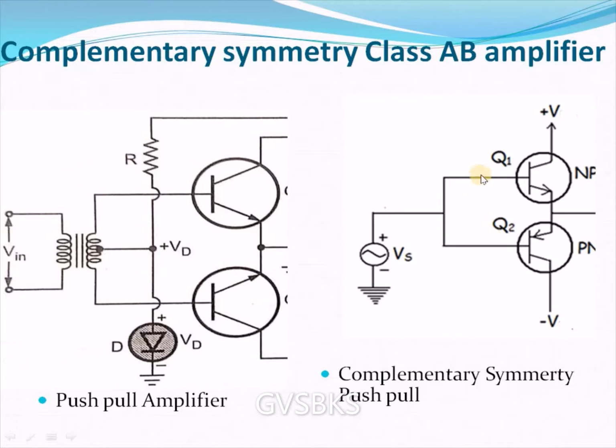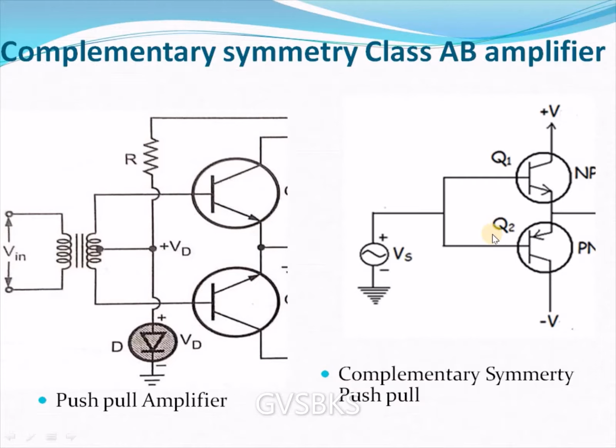That is the problem here, because one transistor is an NPN type, and another transistor is a PNP type. NPN requires 0.7 volts in order to operate, and the PNP type transistor requires minus 0.7 volts in order to operate.